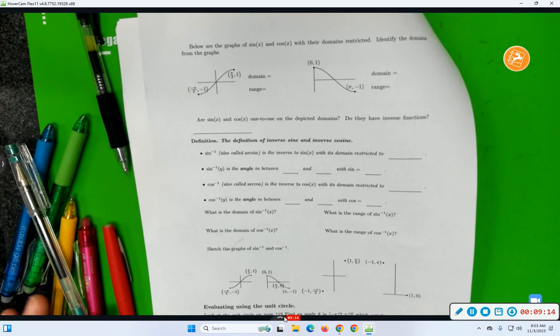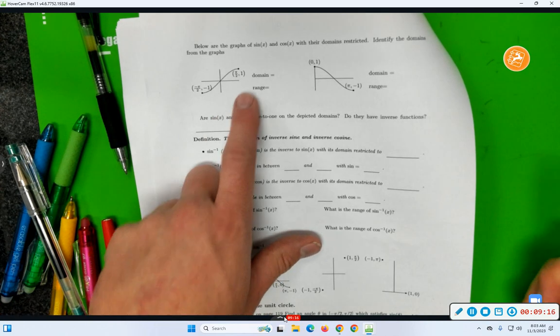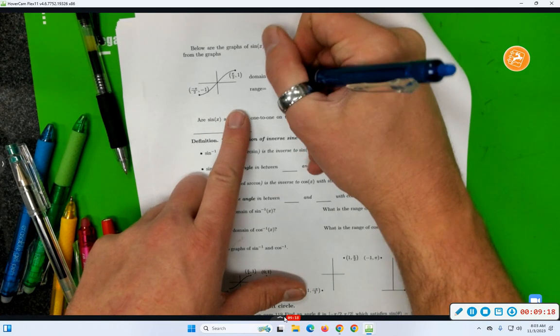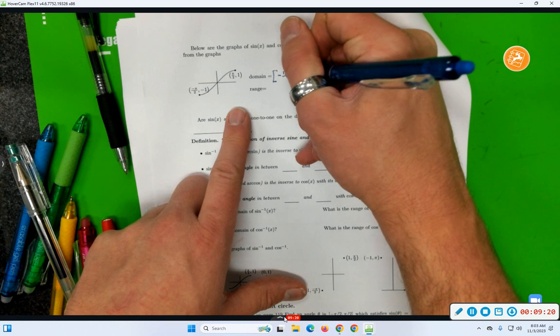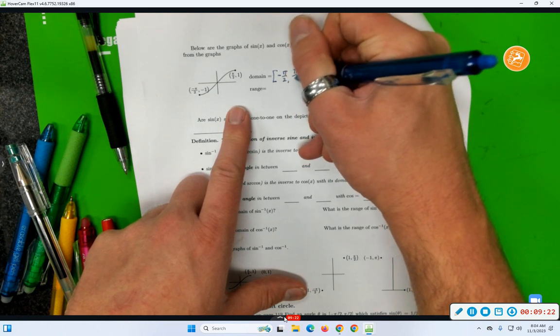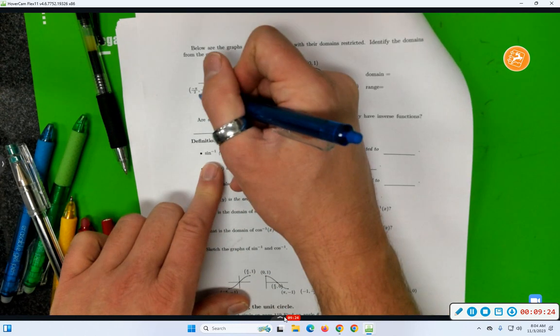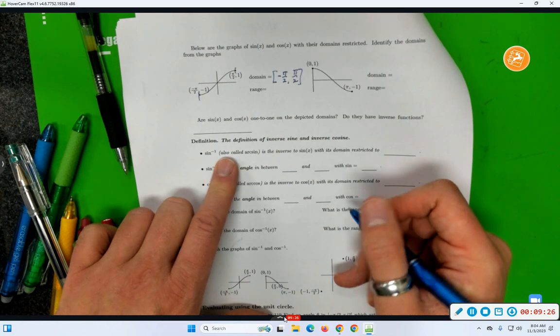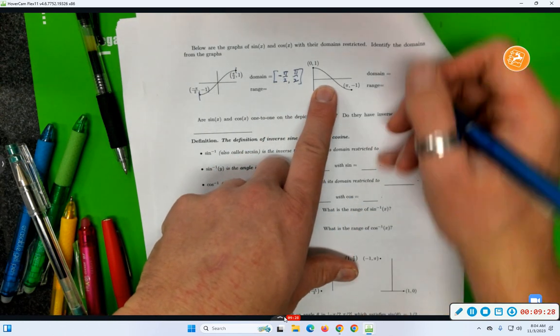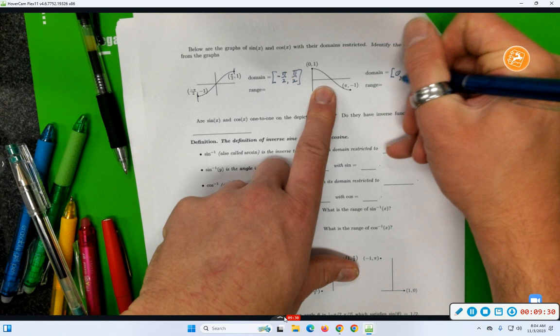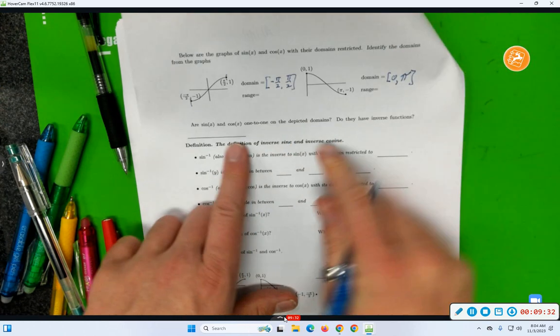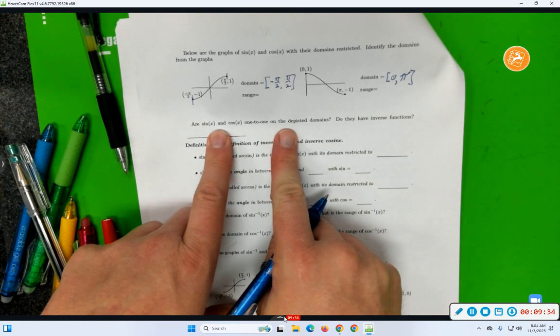So, here we've done it. We've restricted the domain of sine of x to negative pi over 2 to pi over 2. The x values here range from negative pi over 2 to pi over 2. We restricted cosine to have domain 0 to pi. Are these things one-to-one? Let's take a look.